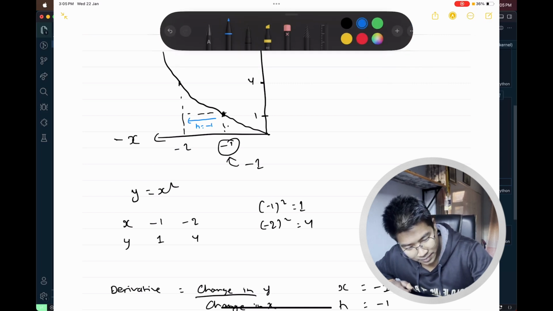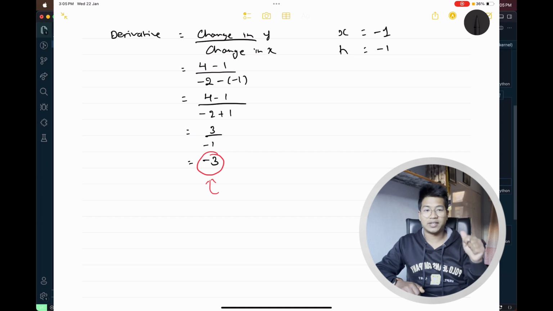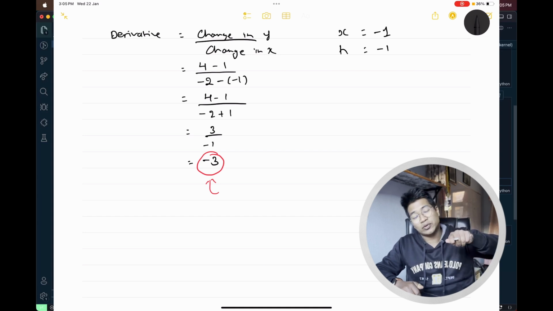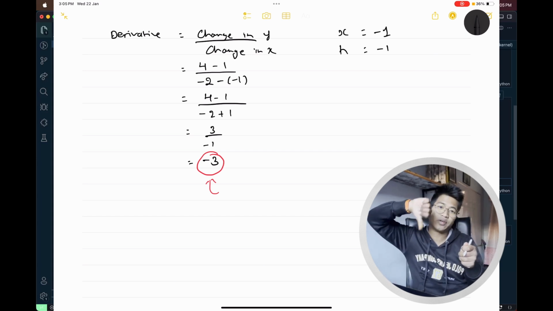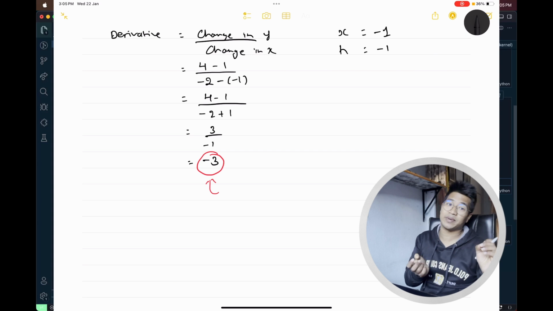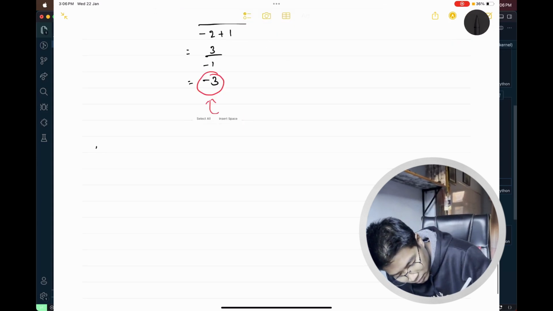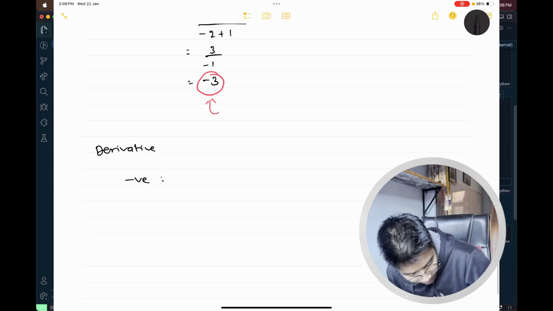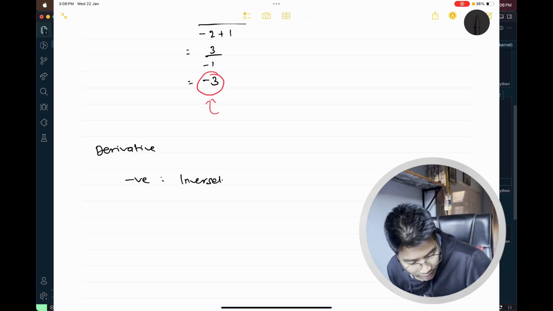So a negative derivative means that if I move in the left direction, which is if I decrease my x value, my y value will increase. If I increase my x value, my y value would decrease. This is the idea of something being inversely proportional. So that means when my derivative is a negative number, my x and y are inversely proportional.